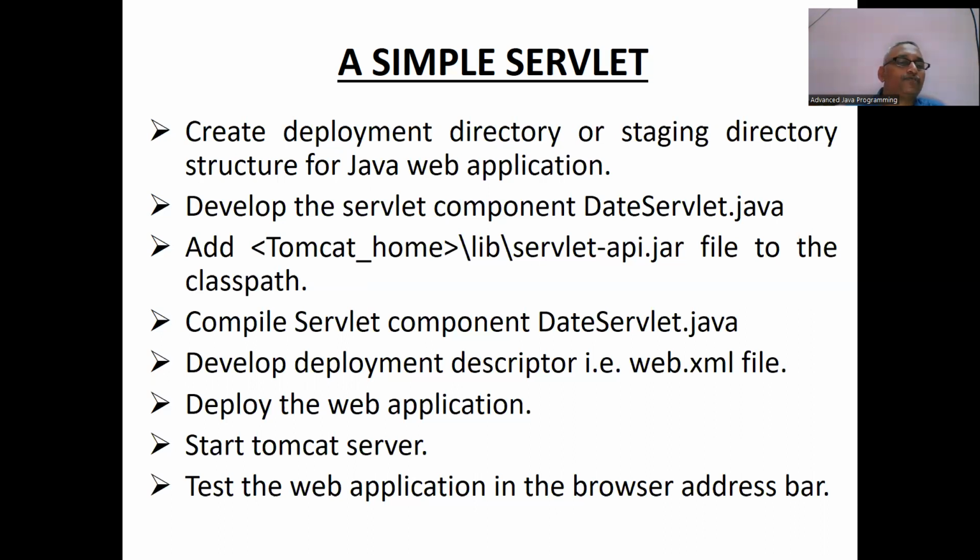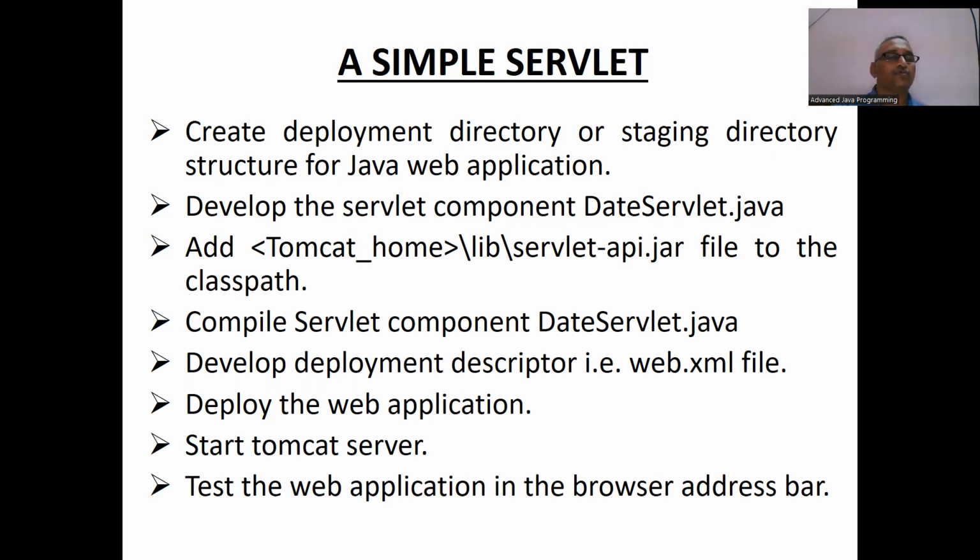Develop the servlet configuration files. Develop the deployment descriptor, that is web.xml. Develop the web.xml file to configure the servlet component and to map the servlet component with a URL. Note that XML is case sensitive and strictly typed.